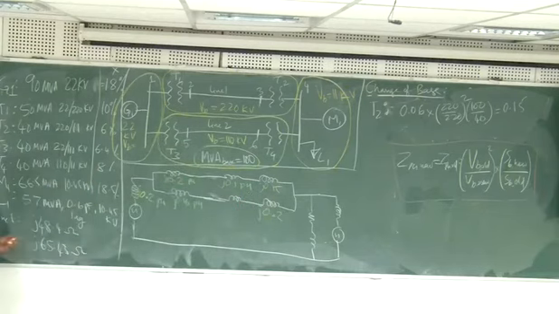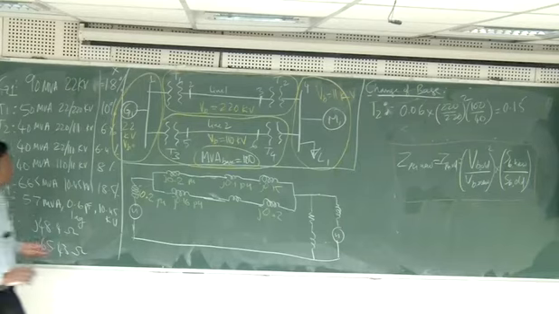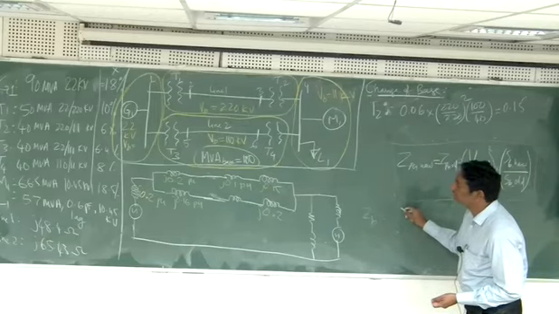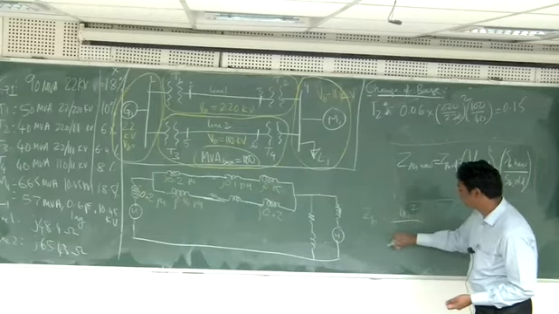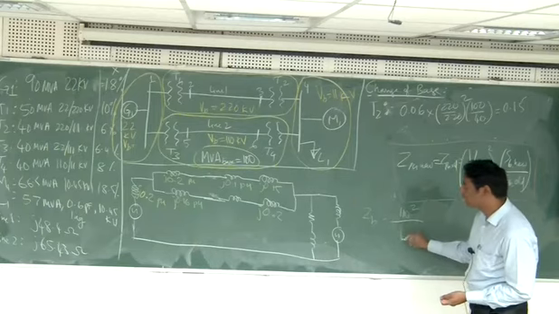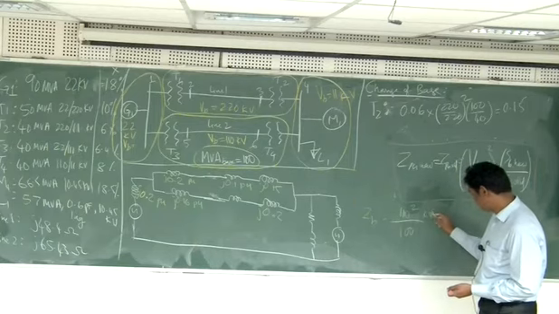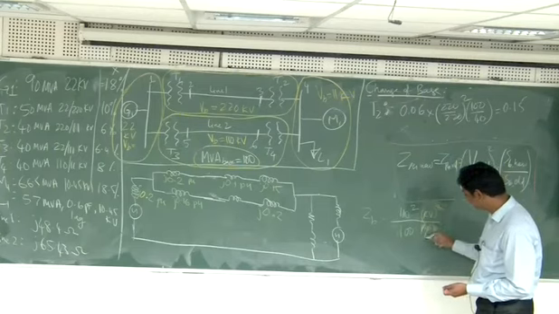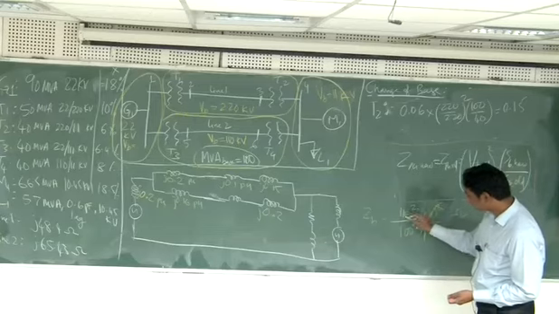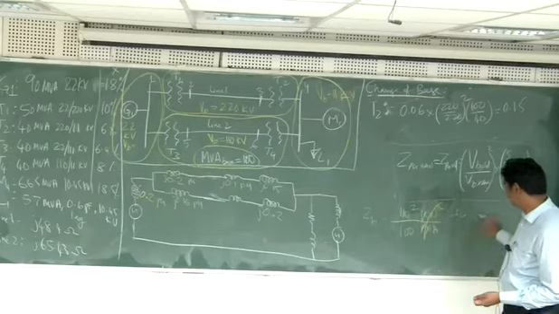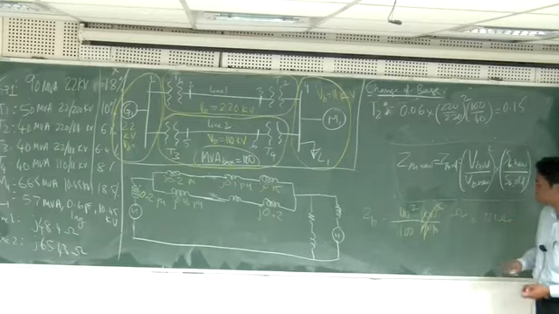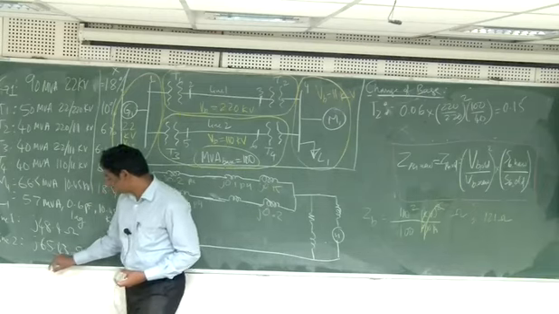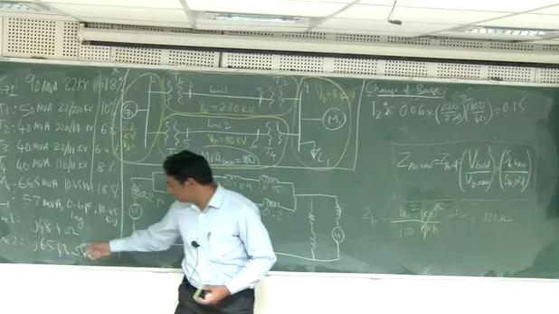Now look at the line. What is the base for line 2? I'll just calculate that. So V squared is 110 squared divided by 100 MVA. So kV squared by MVA, this is 121 ohms.